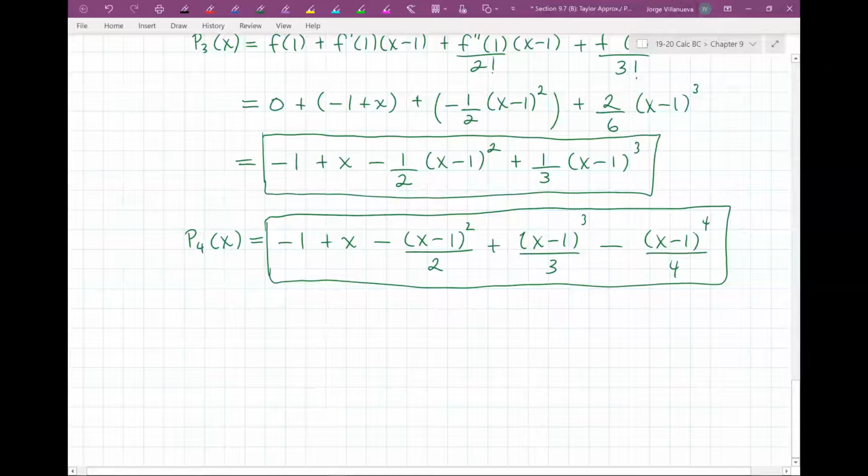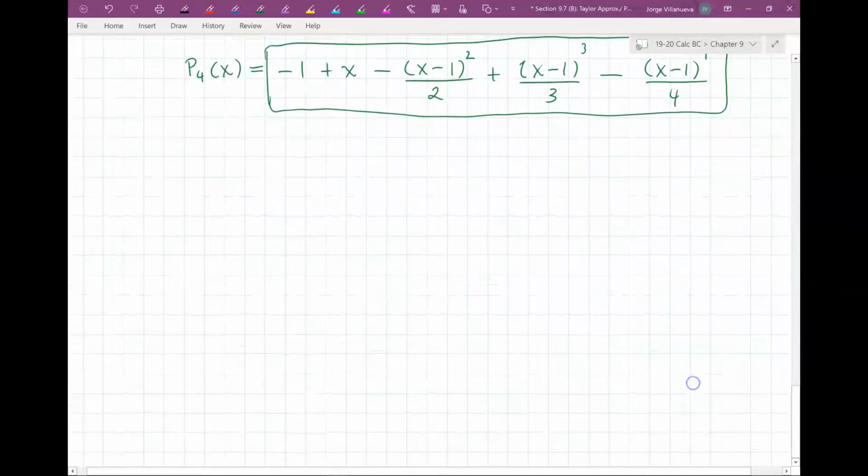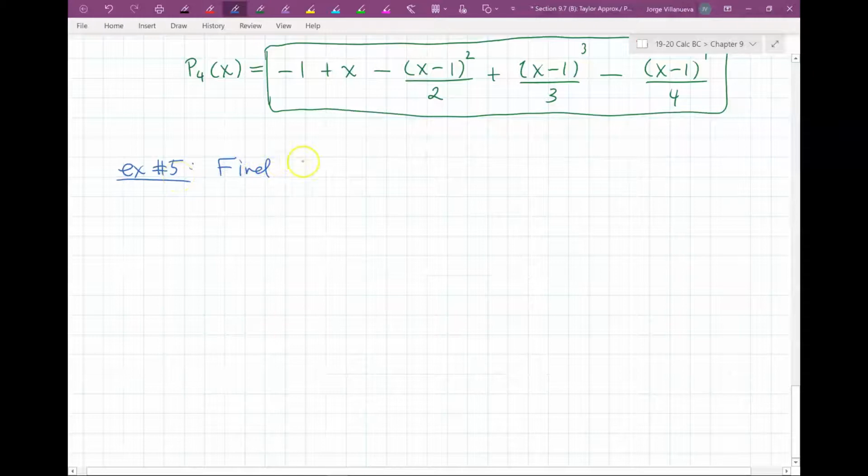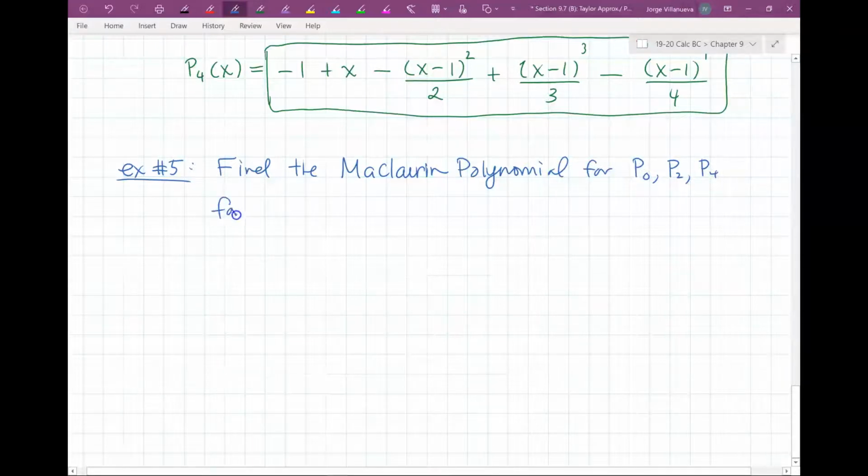Okay? So let's find the same thing for cosine of x. So find the Maclaurin polynomial. So what's my center? 0, right? For p of 0, p of 2, p of 4, for f of x equal to cosine of x.